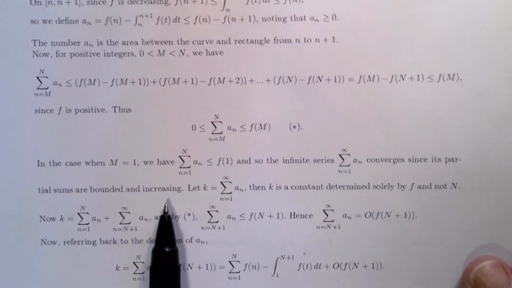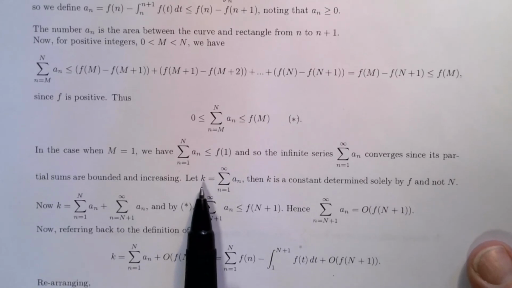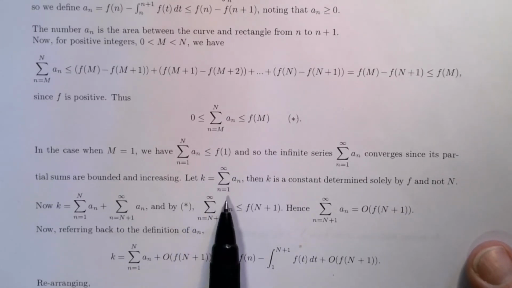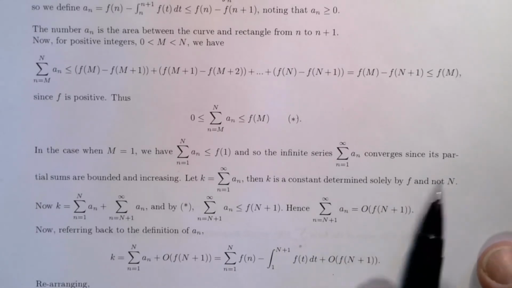And so by the monotone convergence theorem, this has a finite limit. So let me call that infinite sum k. Then k is a constant that's determined solely by f and is independent of n.